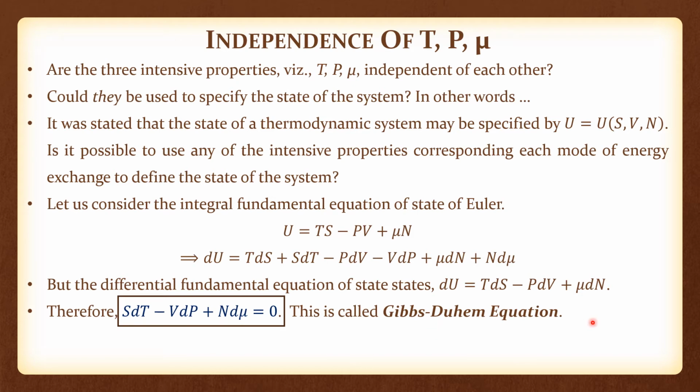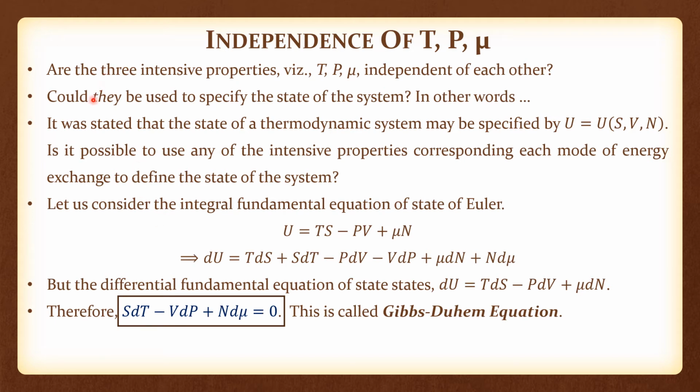So, to answer this question, are the three intensive properties independent of each other? No. Out of these three, only any two can be independent of each other. The third will have to be expressed as a function of the other two, as constrained by the Gibbs-Duhem equation. Therefore, another consequence arises.